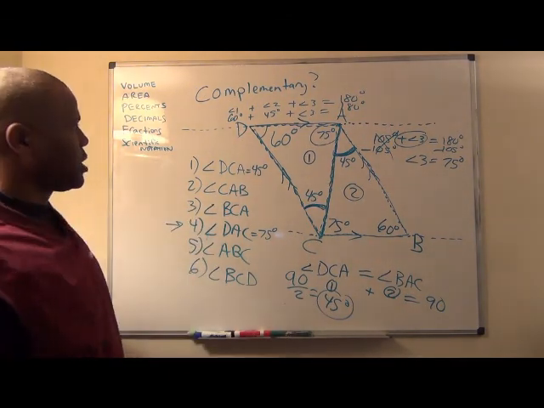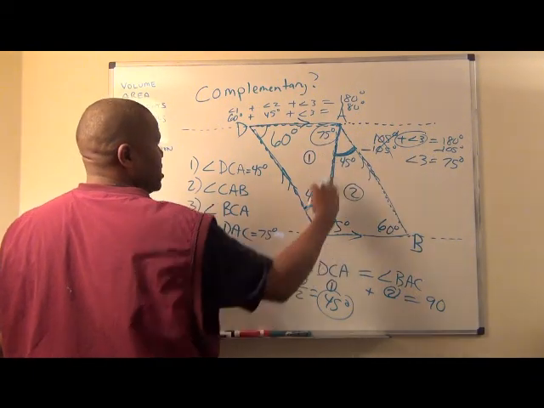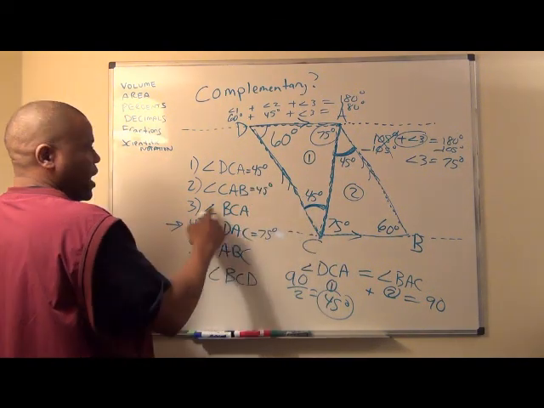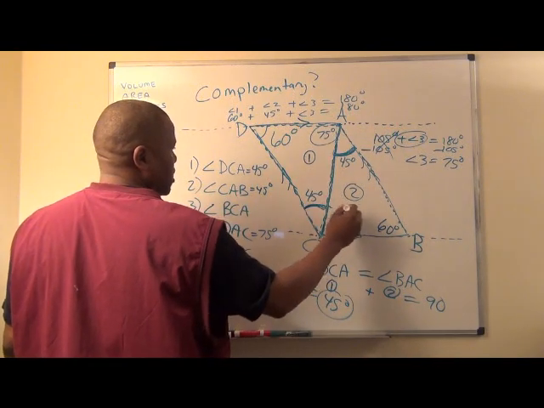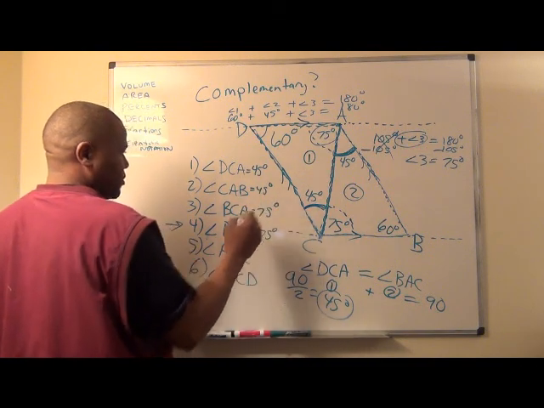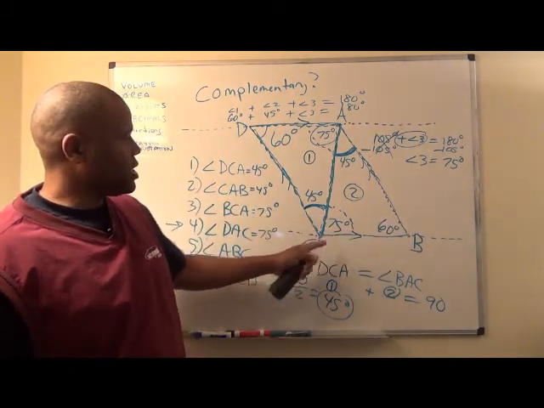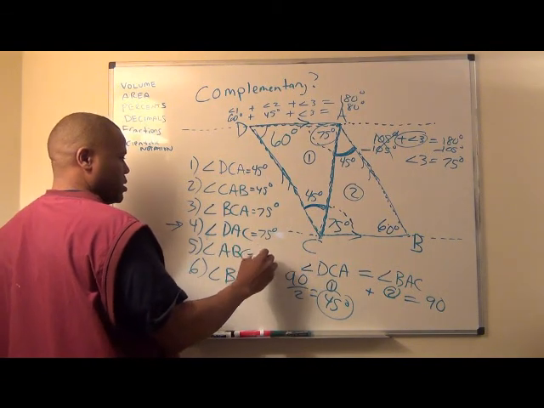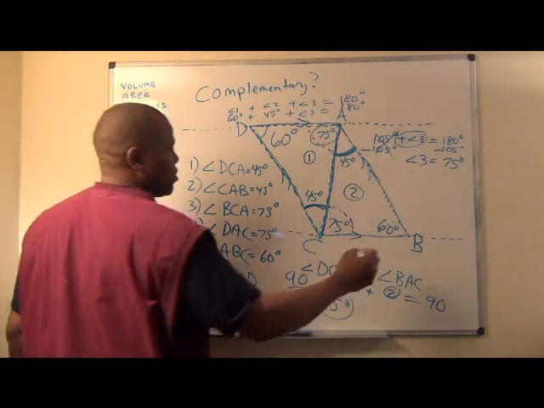Angle CAB is 45. Angle BCA is 75. Angle ABC is 60 degrees.